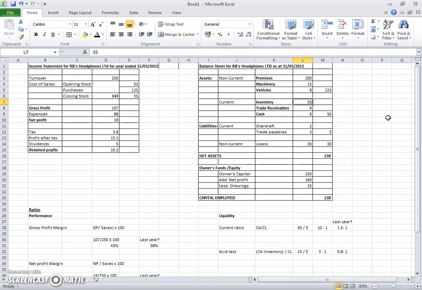If he has to sell some stock to pay off his overdraft or pay his suppliers, and they're all haranguing him at the same time, on the phone saying, RB, you haven't paid me for those headphones, man. You're 3 months overdue. Give me some money. Then he can probably just have a sale and sell off the stock relatively quickly, maybe in a day or two, and get that cash together, and then pay off the suppliers or whoever he owes the money to.